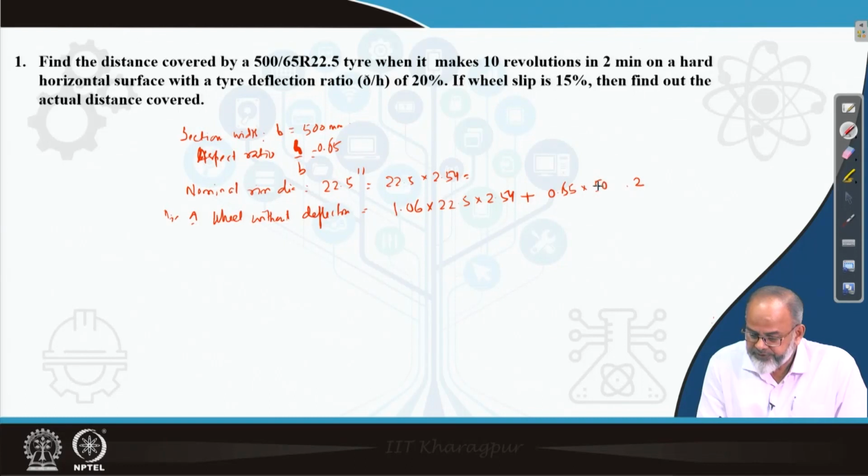So 50 into 2. This will give you around 125.579 centimeter. This is the diameter.